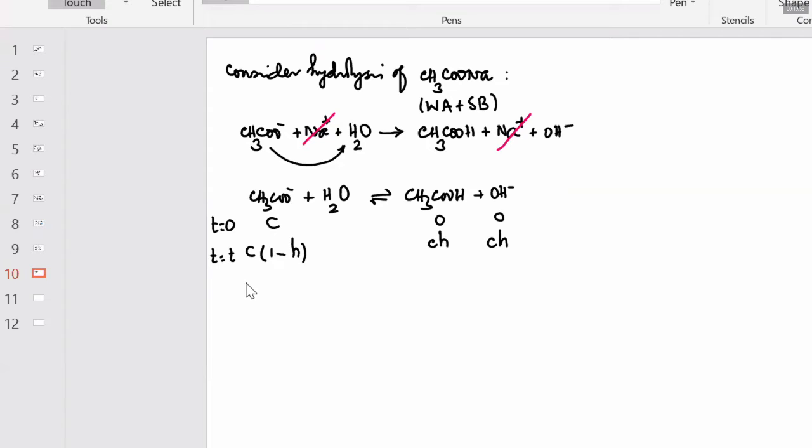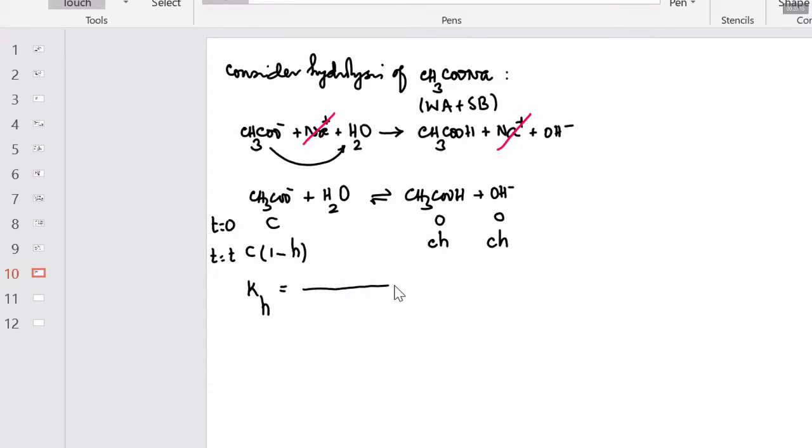Now, let us go for discussion, sir. We are talking about something known as K. What was that? Ka we have done, the acid ionization constant, Kb the base ionization constant, Kw the ionic product of water. Now it is called Kh. What is this? The hydrolysis constant.